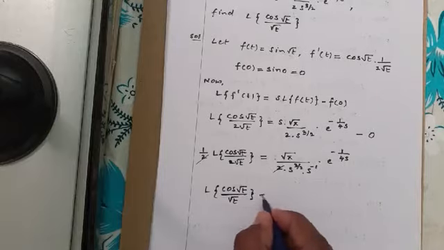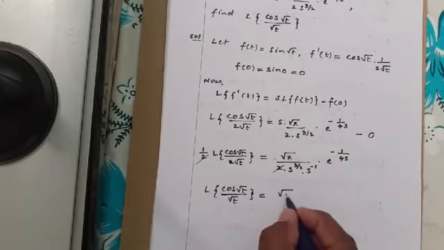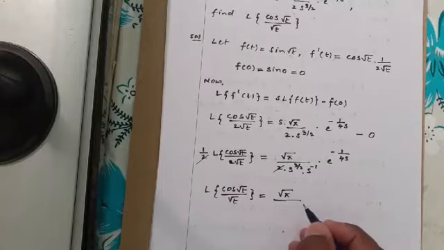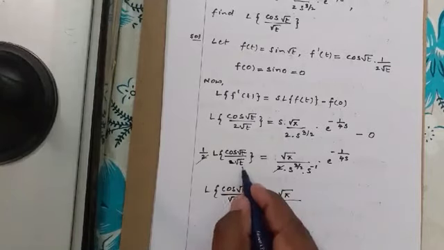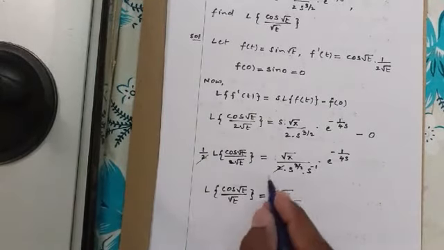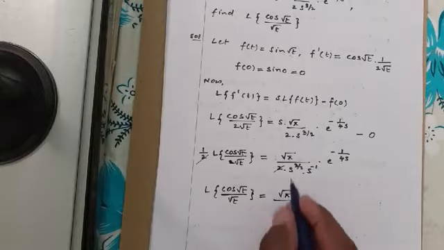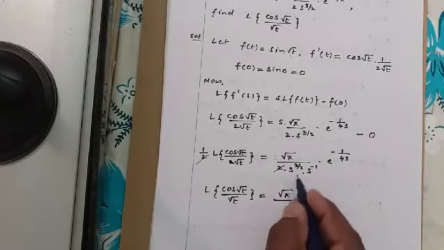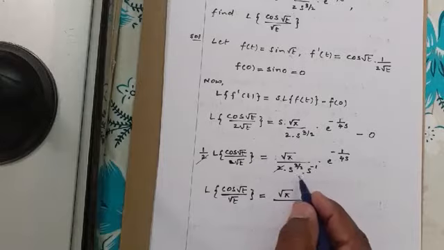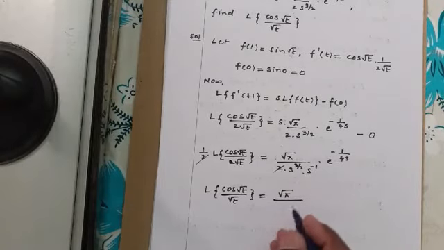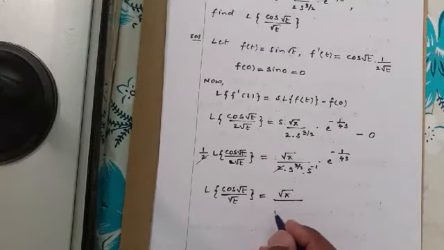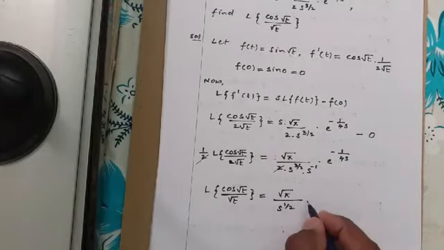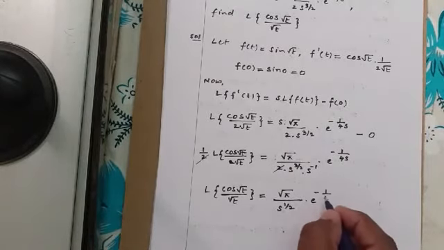So now this is equal to root pi upon, here the base is the same, so powers should be added. If you add powers, this becomes s power 3 by 2 minus 1, that is nothing but s power 1 by 2, into e power minus 1 upon 4s.